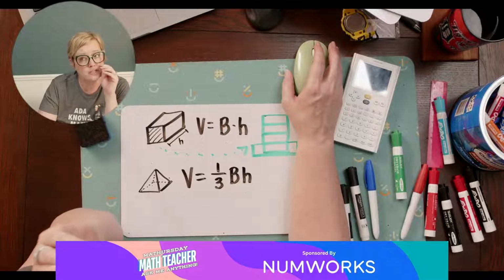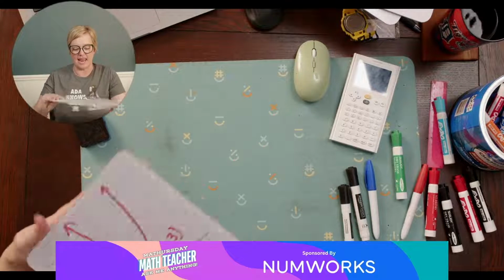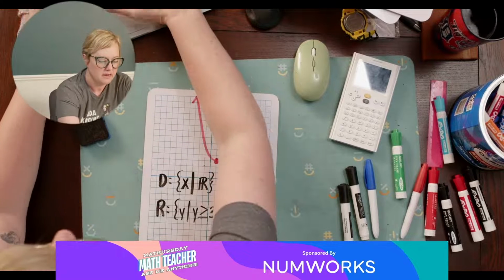Rami, the domain and range in an inverse square root. So the domain and the range are always going to be the same basic concept, okay?